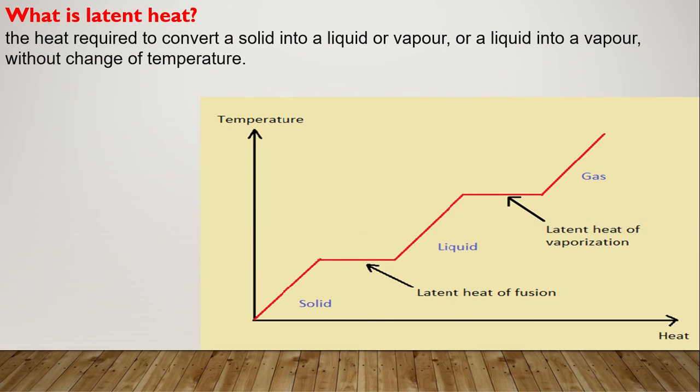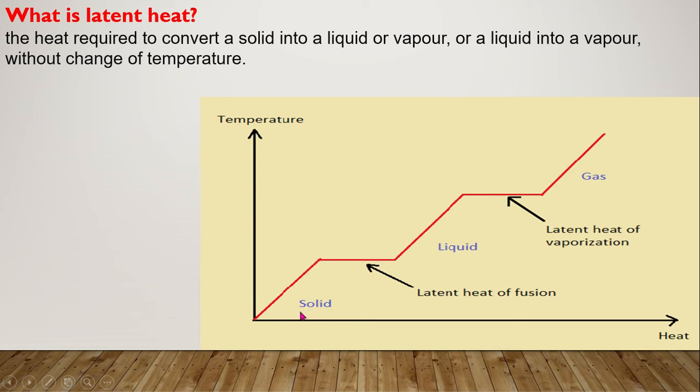Look, there is a graph for you. Try to understand it. In this graph, we are seeing that with the application of heat, the temperature is rising. Look, when heat is supplied to a solid substance, its temperature will rise.